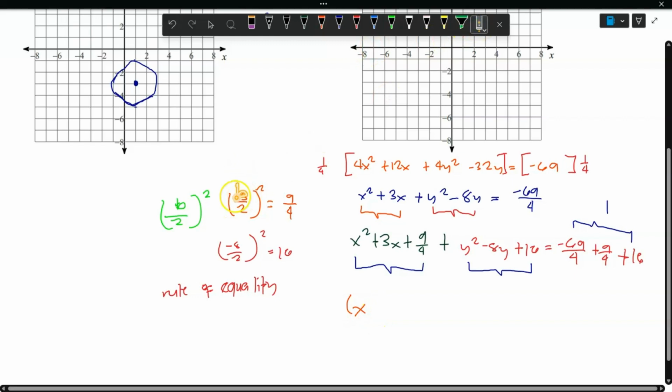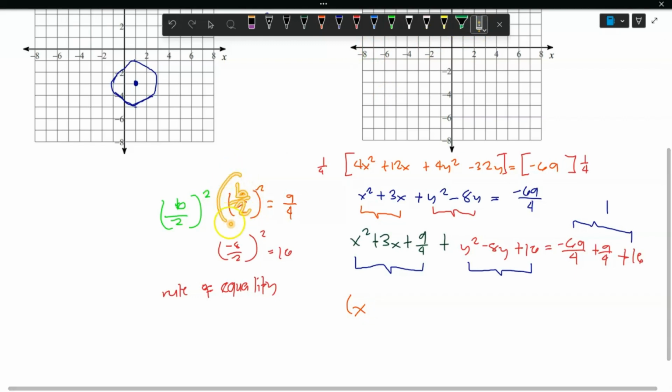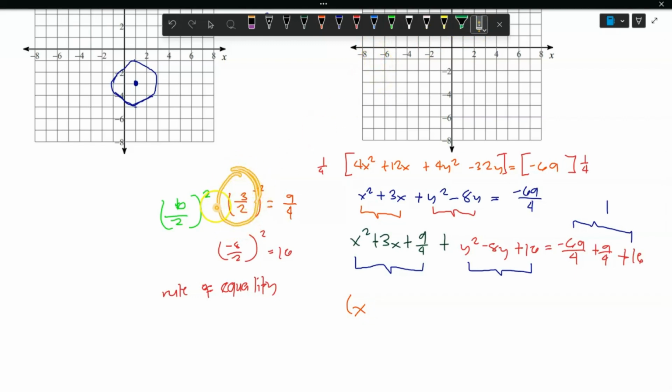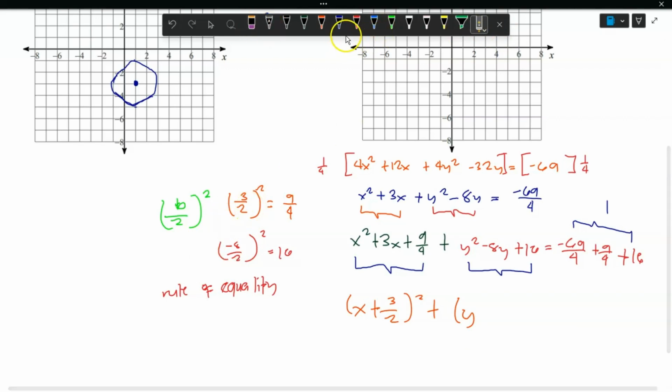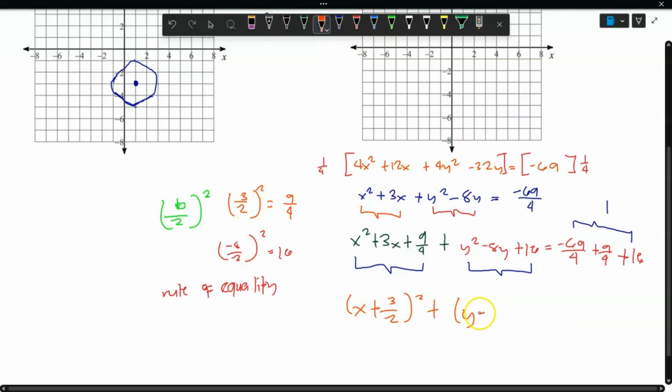What is b over 2? That is just 3 over 2, right? And that is positive. So we're simply going to add plus 3 over 2 here, and then squared, plus the same thing. The variable is y, and go back here. What is negative 8 over 2? That's negative 4. So we have negative 4 squared equals 1.